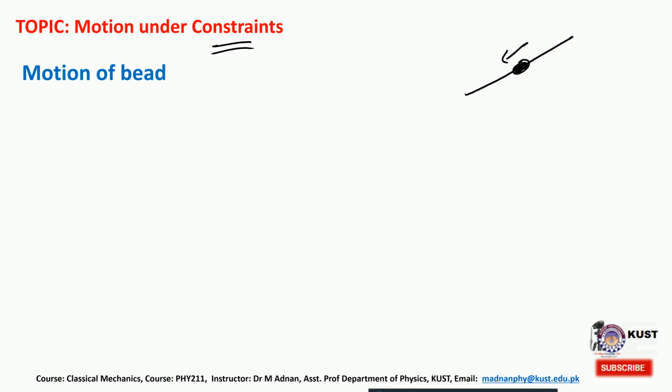If we want to describe it, we need to have our coordinate system. So let's say this is y and this is x. In this situation, the equation of constraint is y is equal to x times tangent theta.